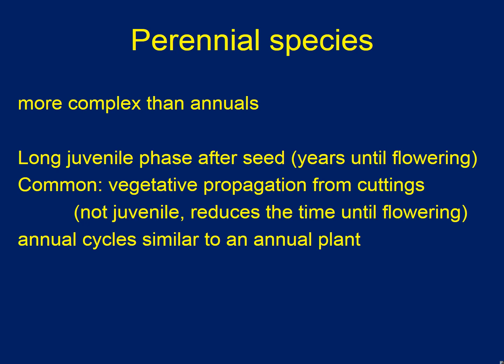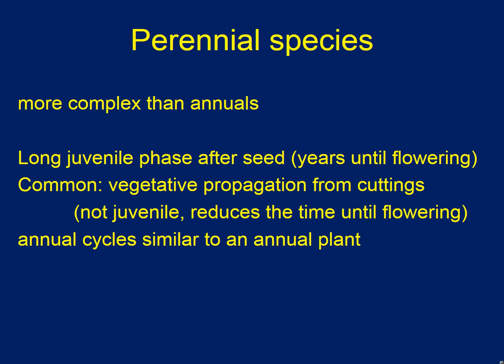We already have seen the different stages of the crop for annual species. In the case of perennial species, we have a more complex situation. First, we have a long juvenile phase if the plants are propagated using seeds. That would mean that when we plant perennial species, in particular trees, from seeds, it will take some years before the plants are able to flower.